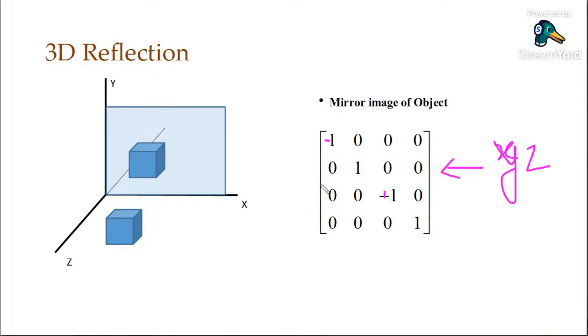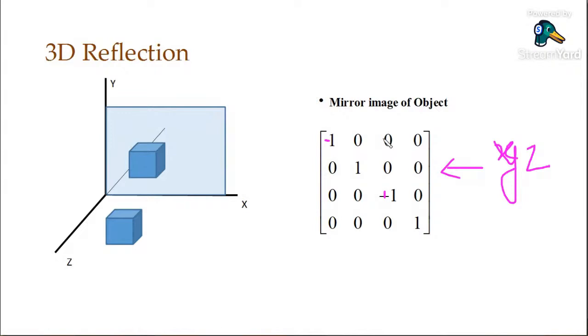It is not necessary to change all the values. In case of xy plane reflection only the z value will change, in case of the xz plane the y value will change, and in the yz plane the x values will change. So in case of 3D reflection we have to consider the mirror image.